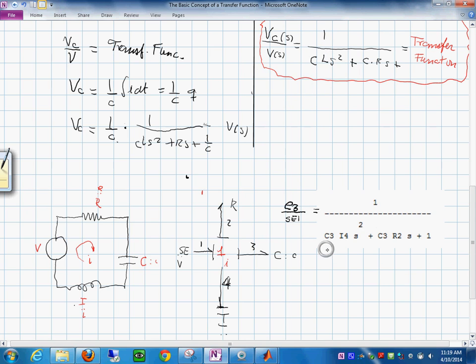See, CL is C times I plus CR is CR2. Yeah, so this is exactly the same thing. See here, I forgot to put this plus 1, but this is exactly the same thing. So we use by hand or we use the automated approach to generate computer generated transfer functions which produce exactly the same results.